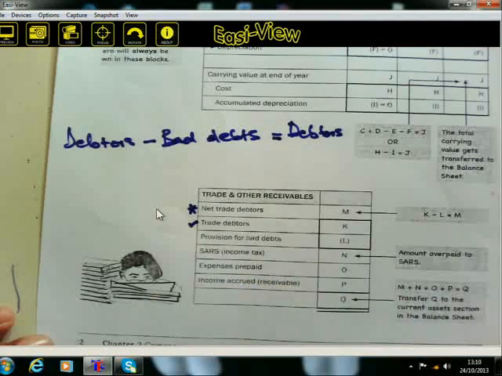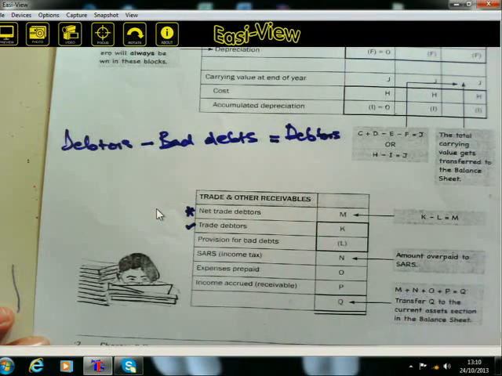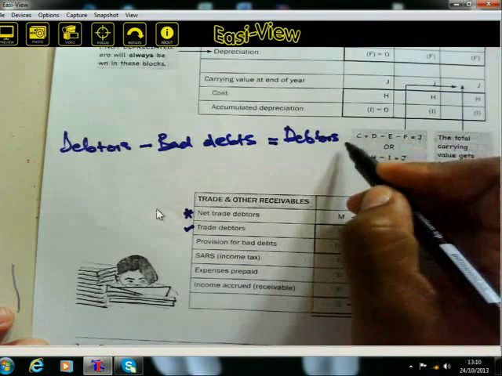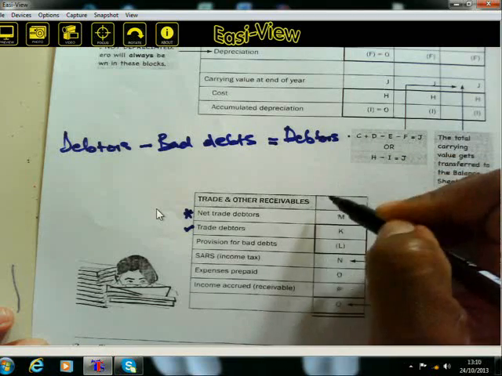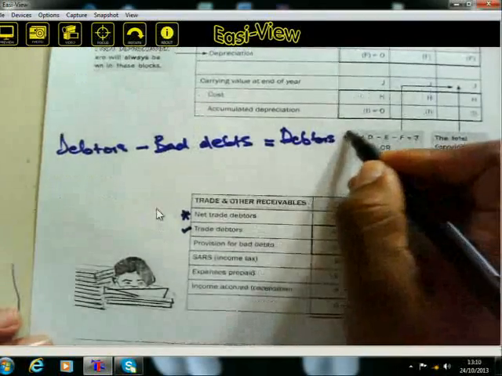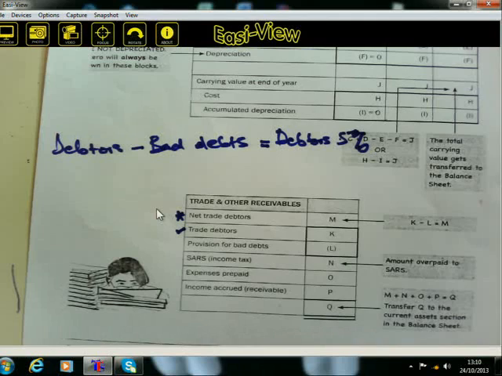After considering an adjustment on bad debts, then out of the debtors we can calculate the provision for bad debts. So if maybe they say 5% of debtors, you look at your adjustment.